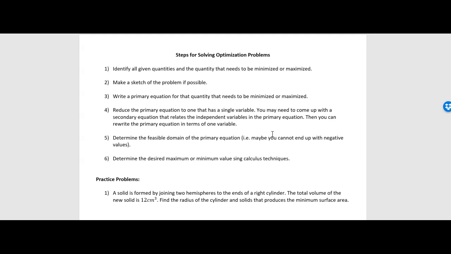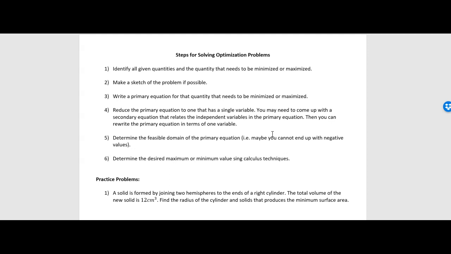It was a geometry sort of problem. We wrote our primary equation that needed to be minimized or maximized. That was the volume. And then we had to go through that process of reducing the primary equation to one that has a single variable. So we had to rewrite the length, width, and height all in terms of x so that we could then take the derivative later with respect to x.